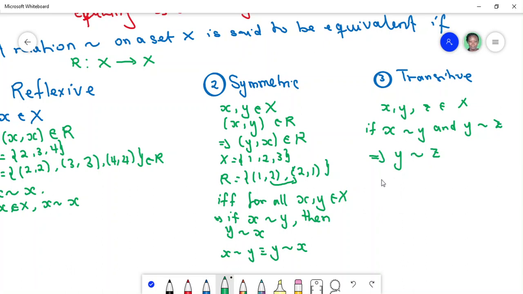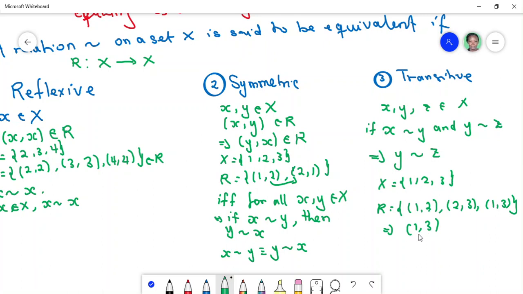So for example, let's say I have my X, I still have 1, 2, 3. If I want to write a relation, I'll have 1, 2, let's say 2 and 3, and 1 and 3. So 1 is related to 2, 2 is related to 3. This implies that 1 and 3 are also related.